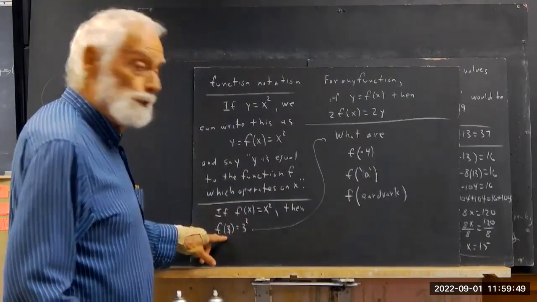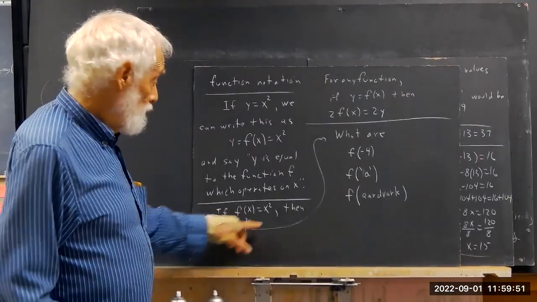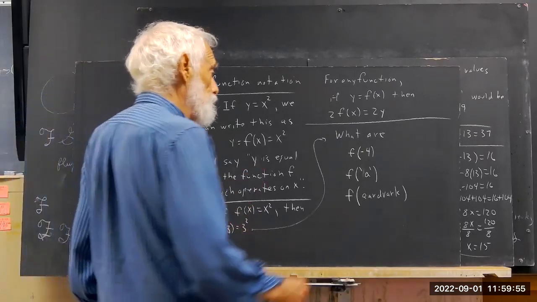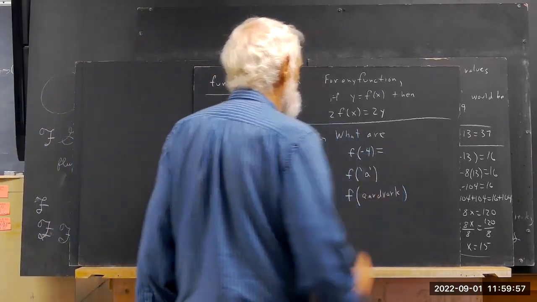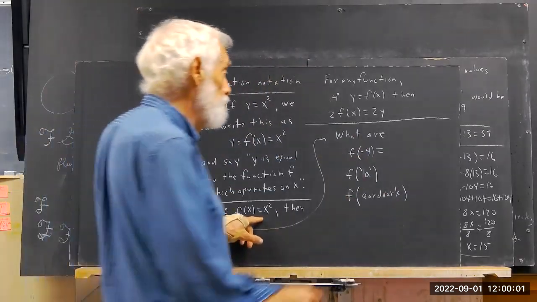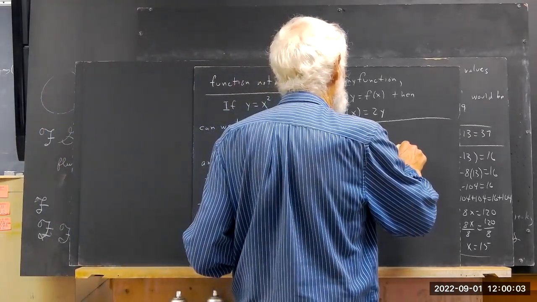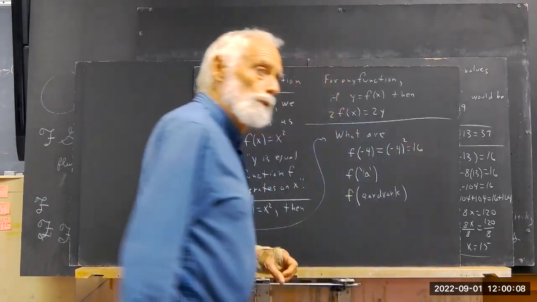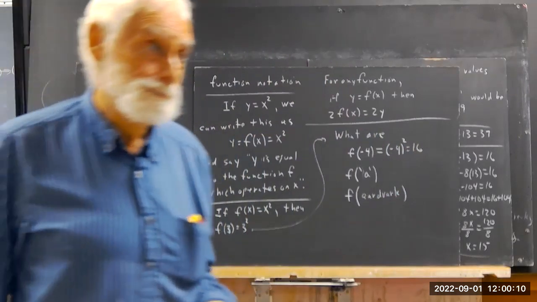Whatever x is goes in here, and then x is that thing. Okay. So f of -4, well, now x is -4, so x squared would be the square of -4. Of course, you can work that out. 16. Okay.